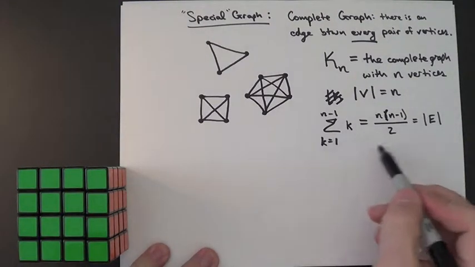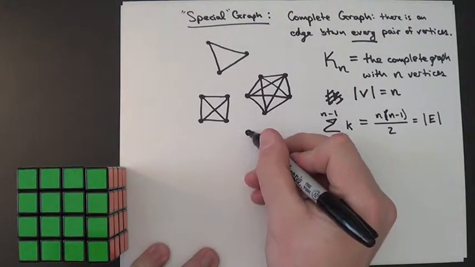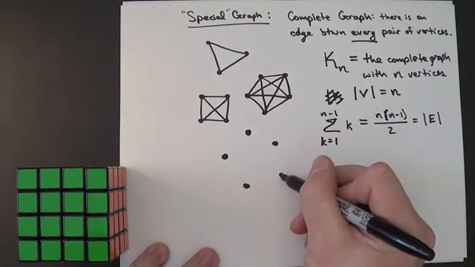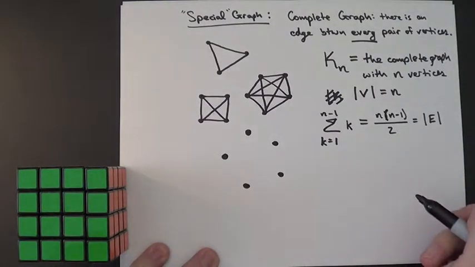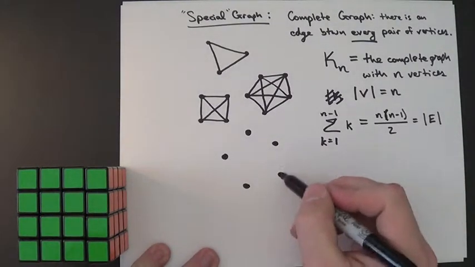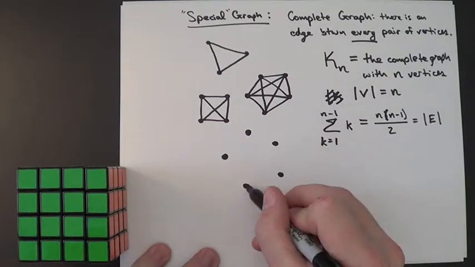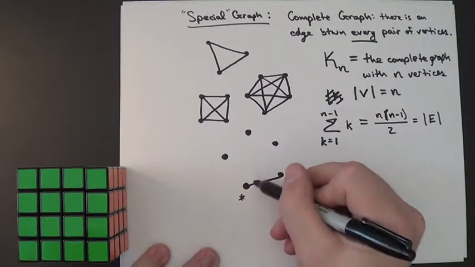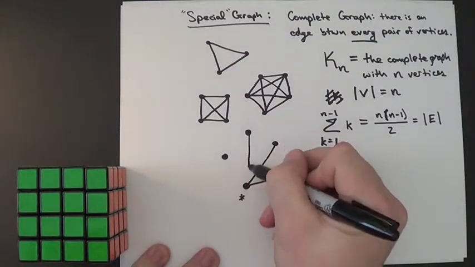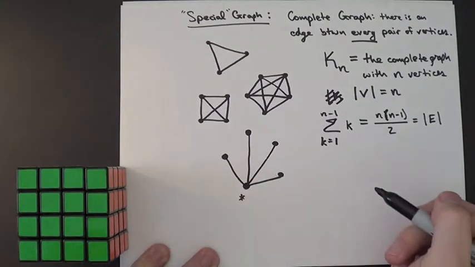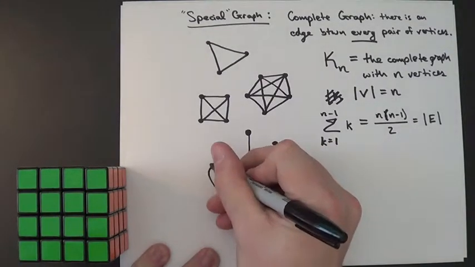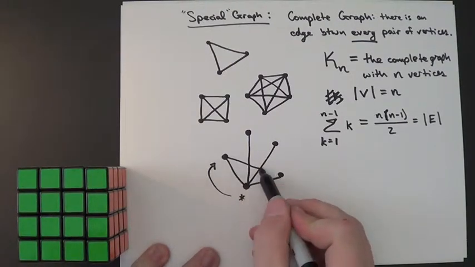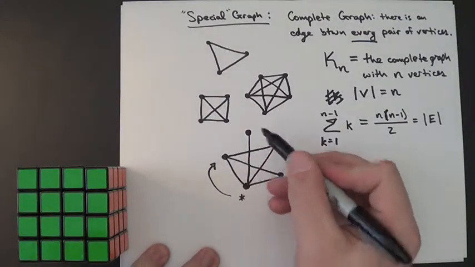Okay, so looking at this kind of helps to go ahead and draw or fill in a graph of 5 vertices. We start in this corner, and I could draw 4 edges here. Then I move to this corner, and I've already got an edge linking those 2 vertices, so I can only draw 3 more.